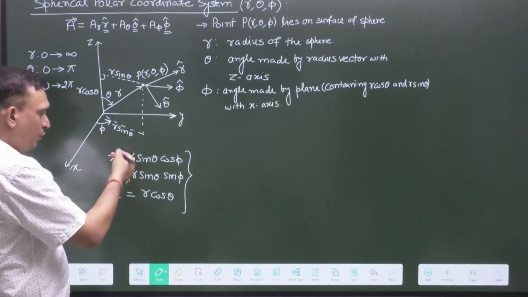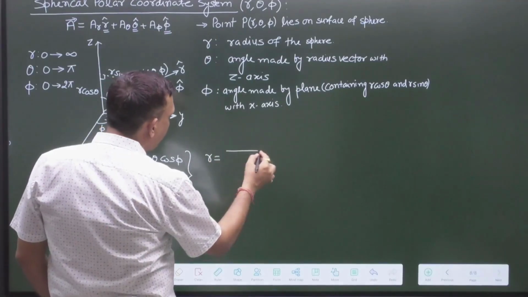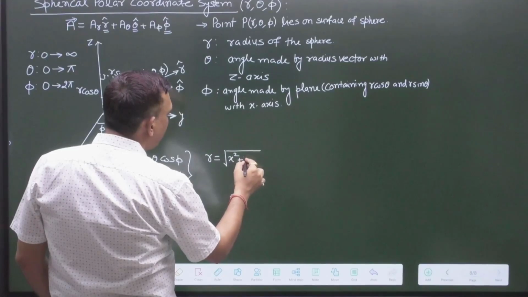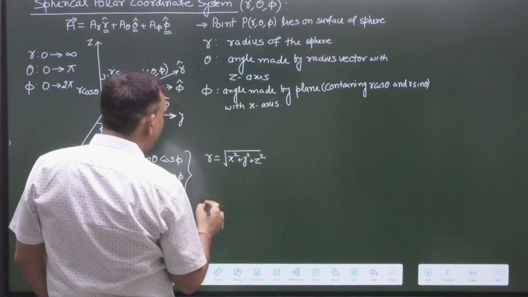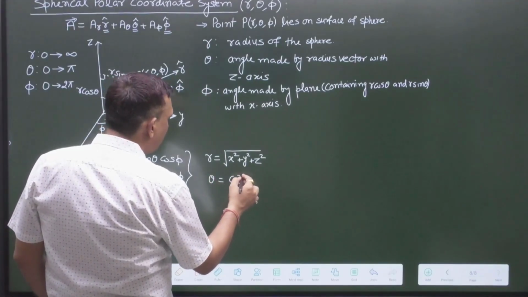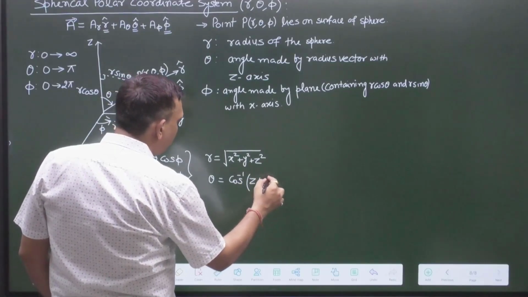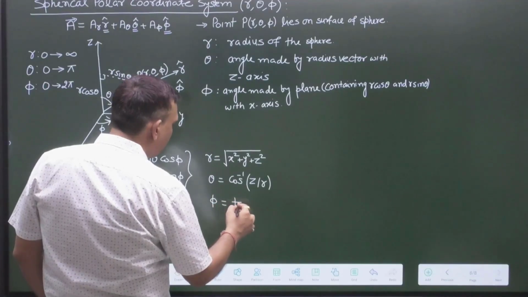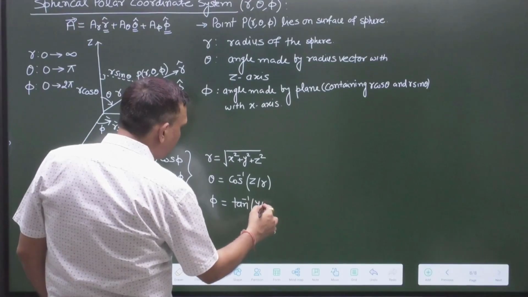So if you know r theta phi, you know x, y, z. Or sometimes if you know x, y, z, you can write r theta phi. That you can easily check. R is given by the square root of x square plus y square plus z square. Theta is cos inverse of z by r, and phi is tan inverse of y by x.